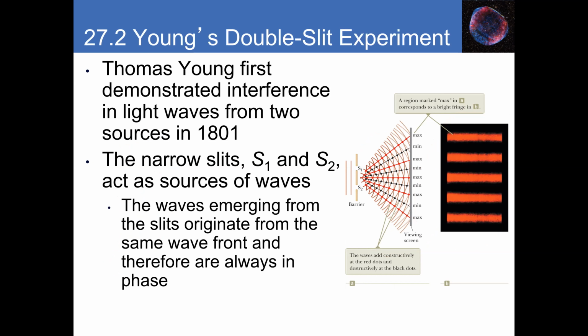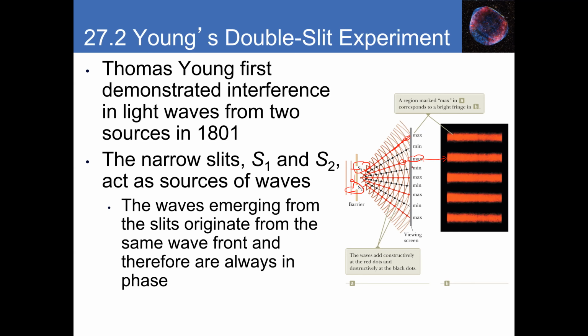So you have two slits, right? You have slit one and slit two, and those slits have a distance d between them. As the light enters through them, you can see those red dots. Those red lines represent constructive interference: crest and crest, crest and crest. Where there is constructive interference, there's a maximum.